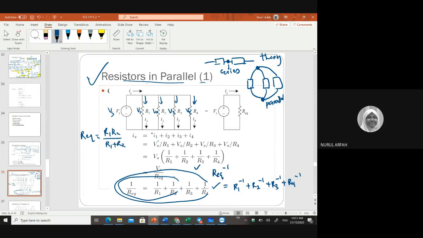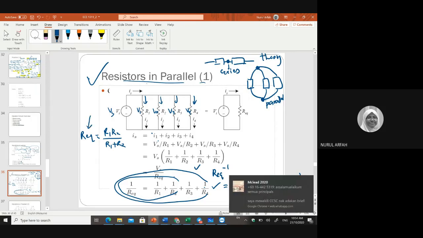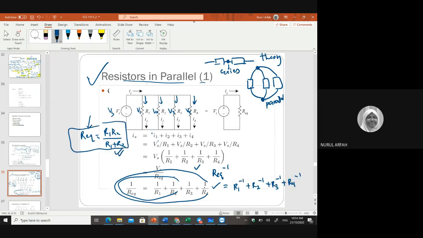Is this correct? Yeah, this is not inverse, okay? This side, so it should be something like this. But I don't want you to apply this rule, okay? Do not apply this.